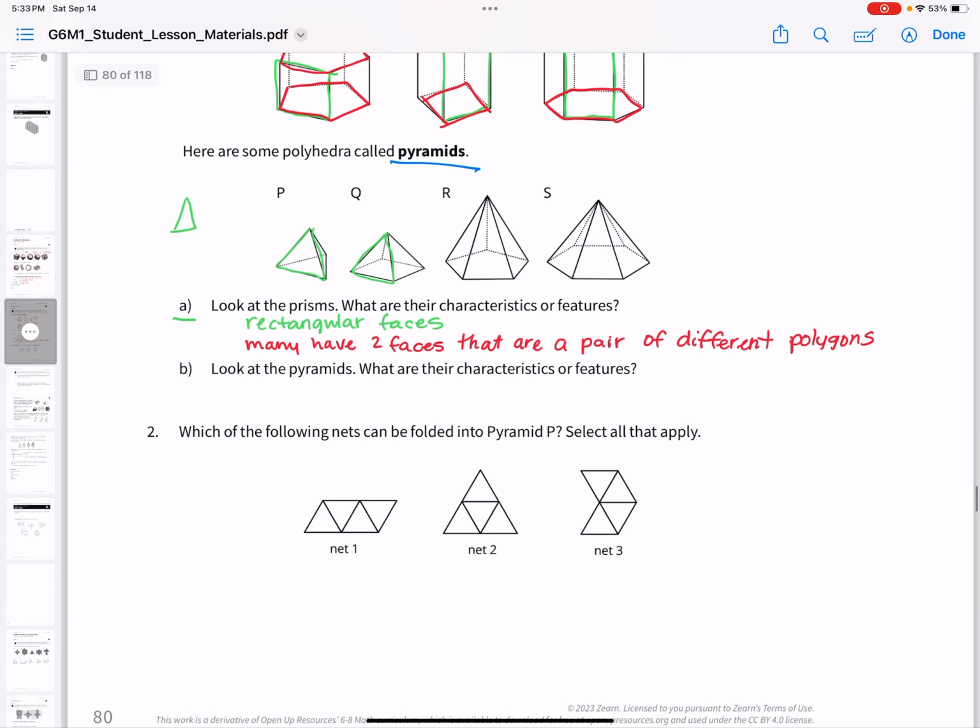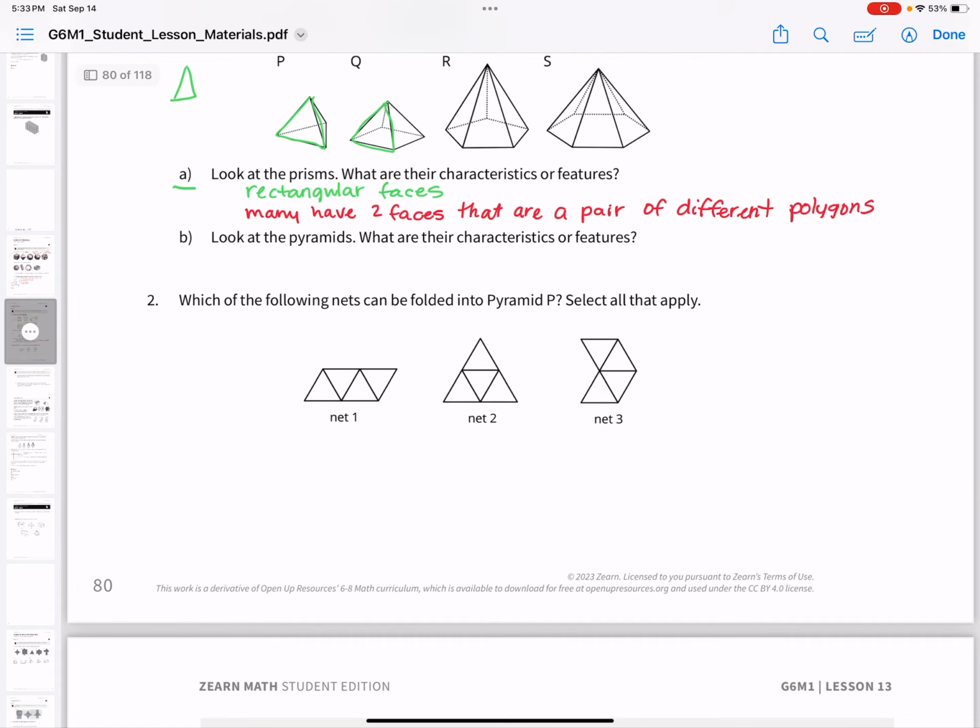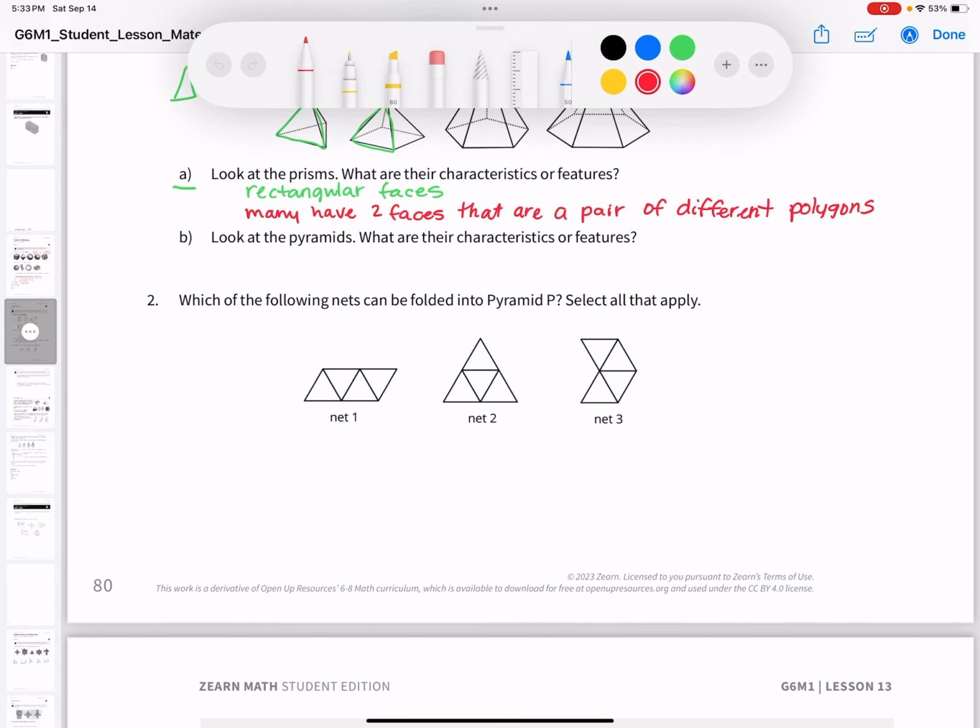All right. You can go back and pause if you are still writing the pyramid section. But for this net right here, a net is a 2D representation of a 3D object. Okay? So we have this point here. This point is going to look like this. And then this has 1, 2, 3, 4 sides.